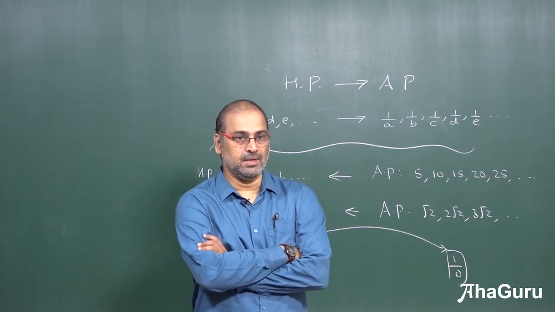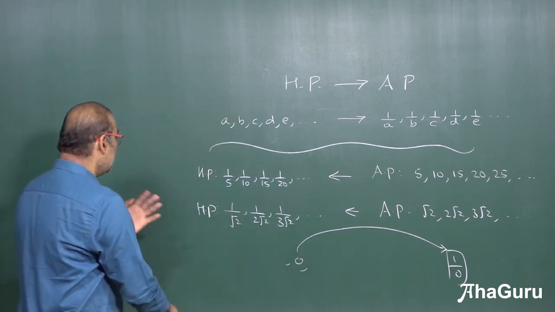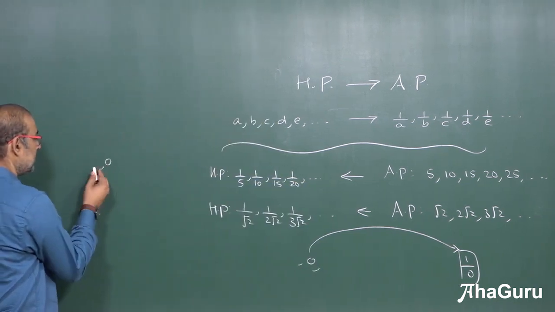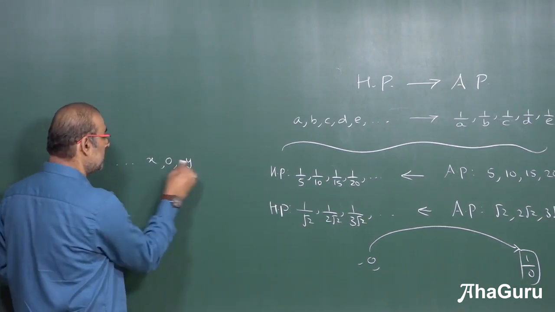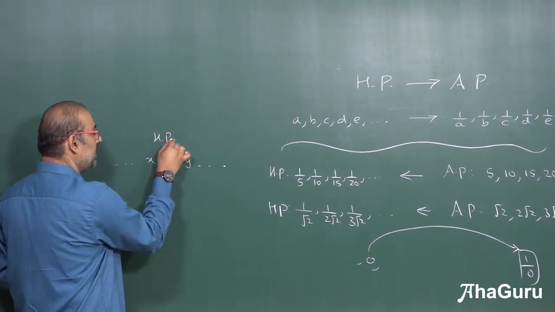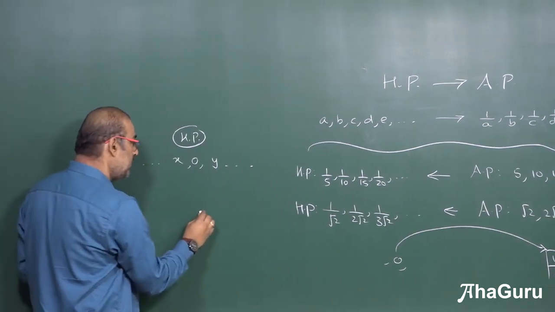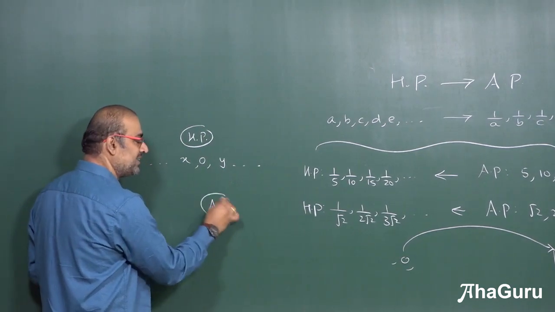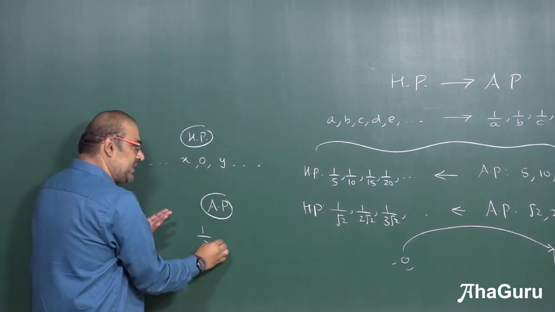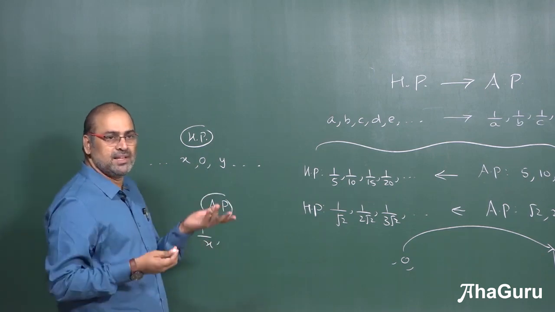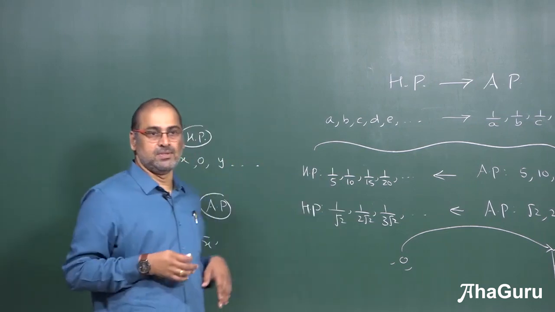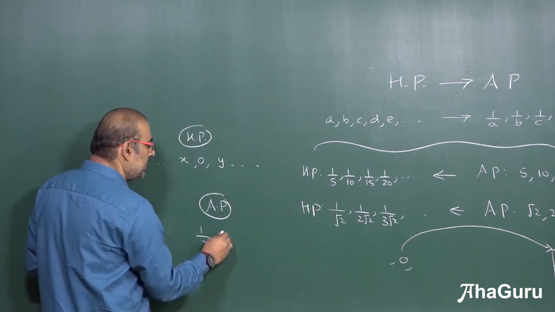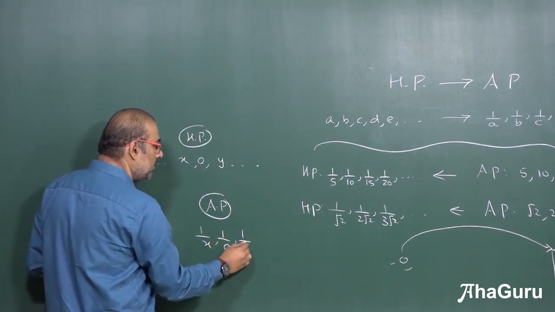You understand? Suppose we have a 0 and some terms x and y, and suppose this is for HP. What is the AP that I will be having? Let us do it like we do contradiction in maths. We assume something happens, and if it doesn't happen, then we rule it out.